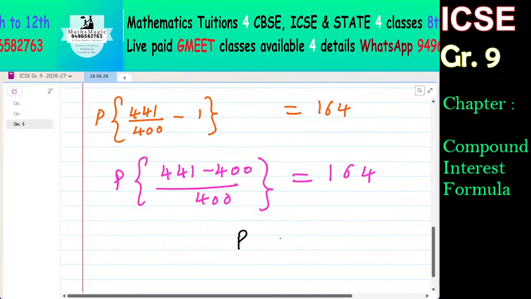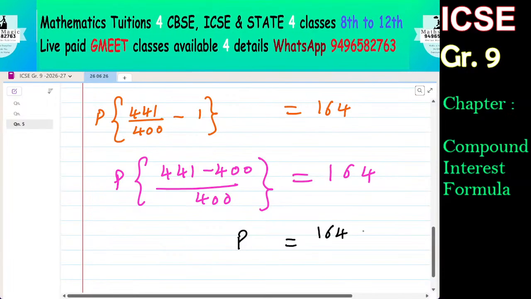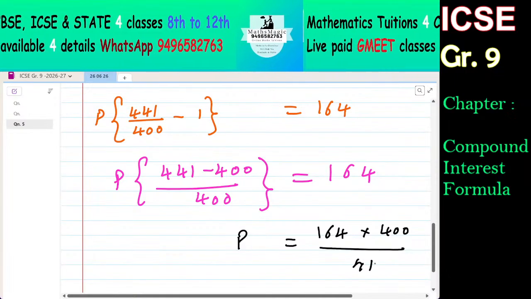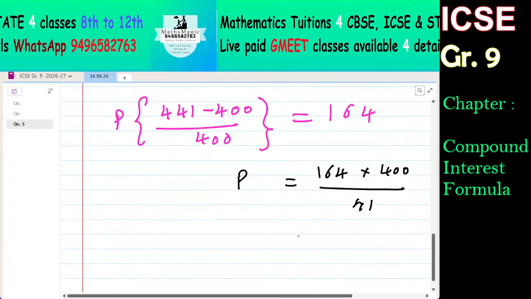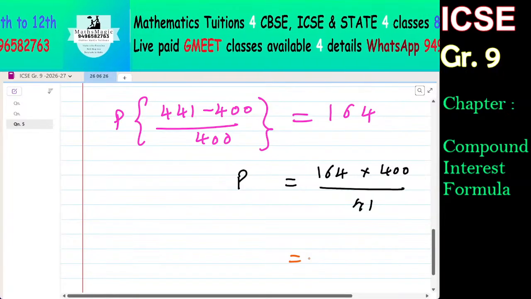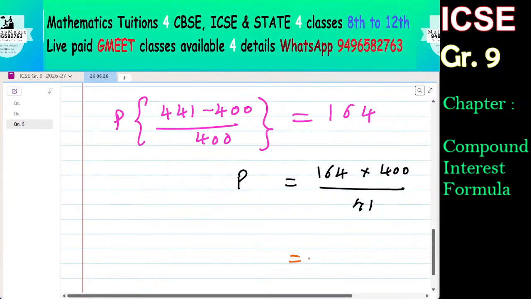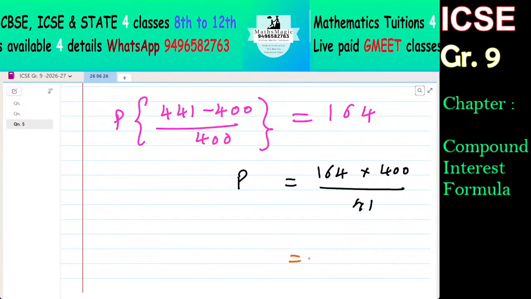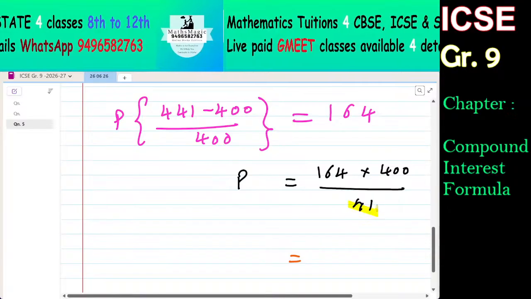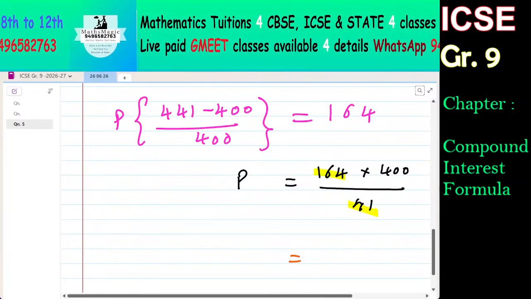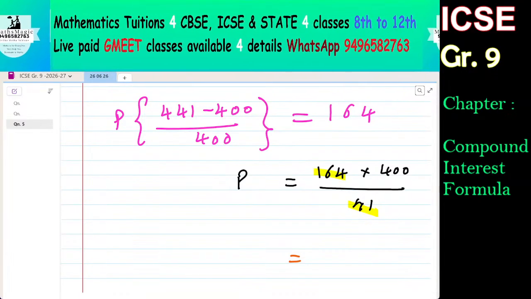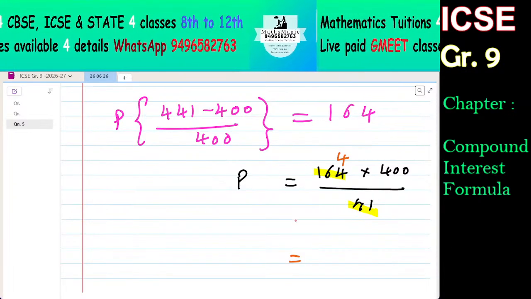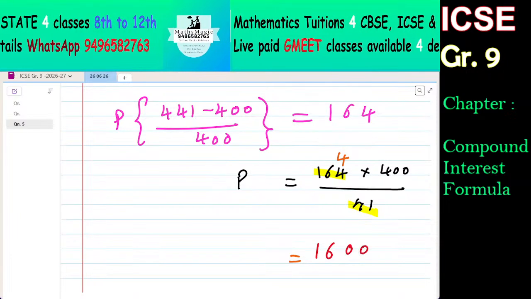And now P will be 164 multiplied by 400 divided by 41. And if further simplification is possible, do it. Okay, yeah, you can cancel this and write 4. Now you'll have your answer as 1600.